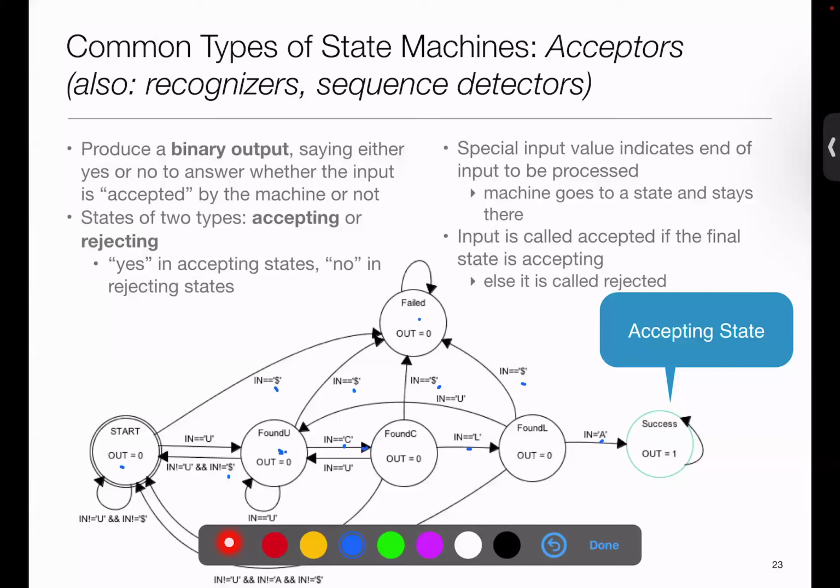See how I've given the states names like start, found U, found C. Found C means I have found U and C. The state called found L means I have seen U, C, and L in succession. And then, of course, if I get an A after that, then it is success. Once we reach the success state, it doesn't matter, because all you asked me to do was to see if the string has a UCLA. It may have multiple UCLAs, but I don't care about that. So these are the many problems.